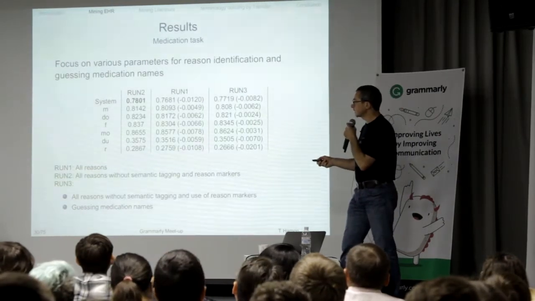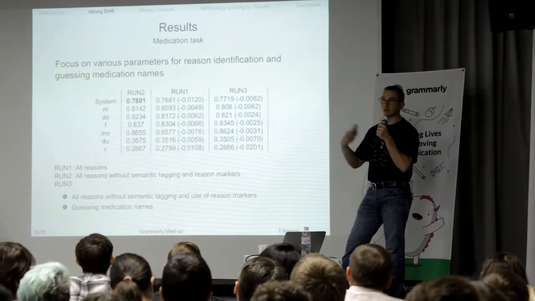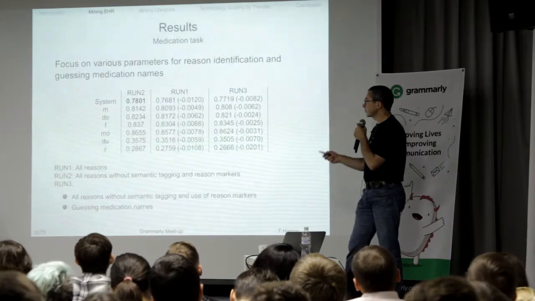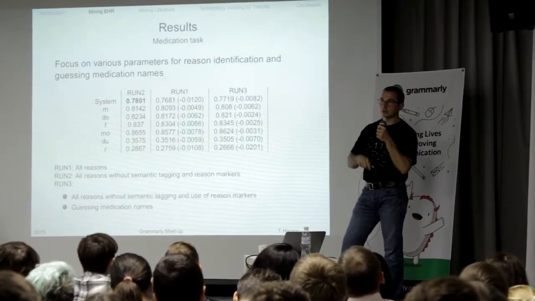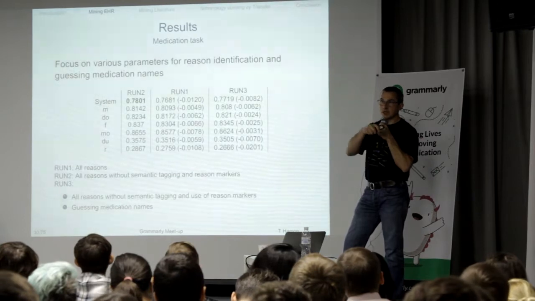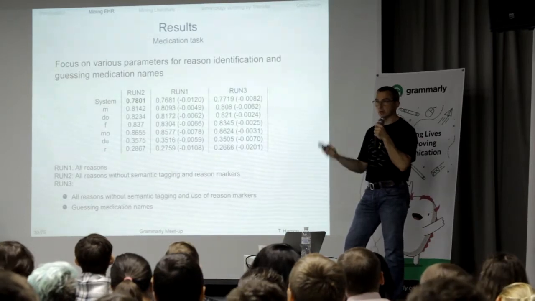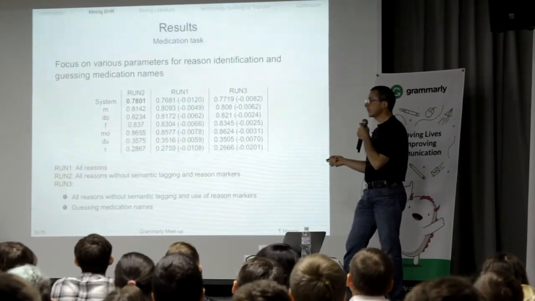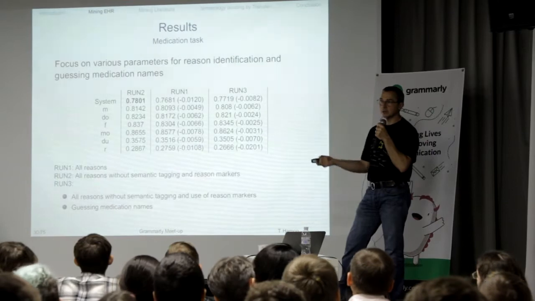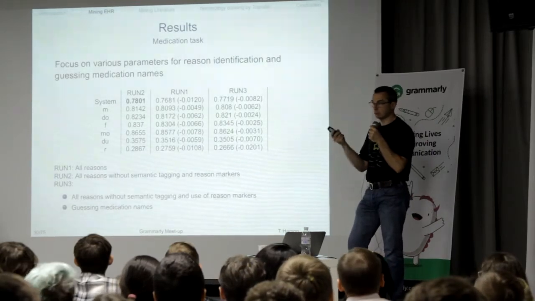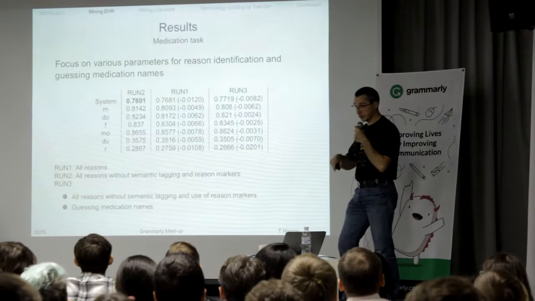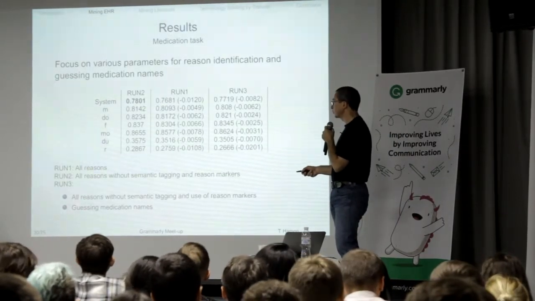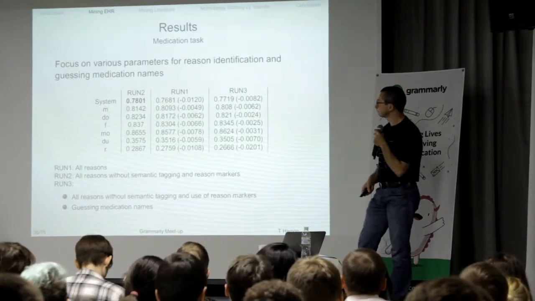So in the first run, we start by using all the information we have from the terminologies, and then in the second run we use all the terms coming from the terminology which are related to reason, but without the information about the reason. And then we apply reason markers to decide if the term is a reason or not in the text. And in the third run, we use the guessing medication name module.